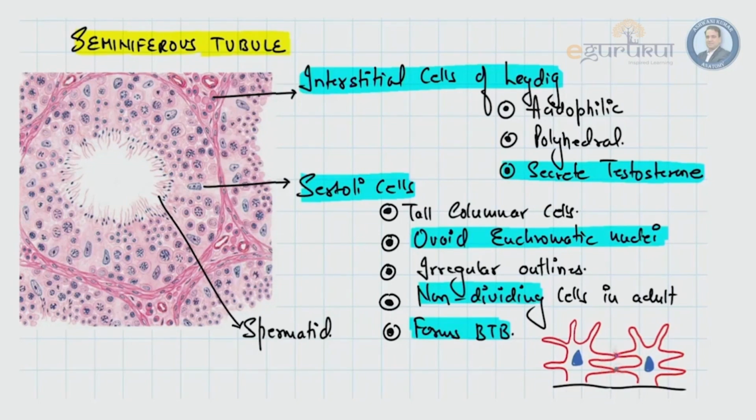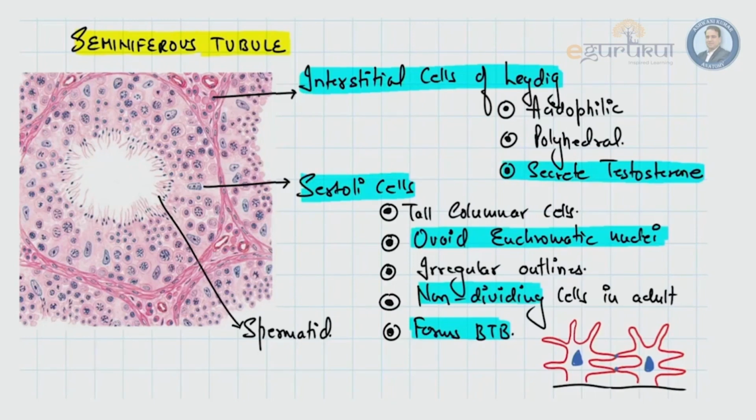Because of this, the entire seminiferous tubule is divided into certain compartments in which the different stages of spermatogenesis will be seen, starting from the spermatogonium to the primary spermatocyte, secondary spermatocyte, spermatids. You can see these spermatids or the spermatozoa present toward the lumen of the seminiferous tubule, but they're still not in the lumen, which requires the process of spermiation to release them into the lumen.